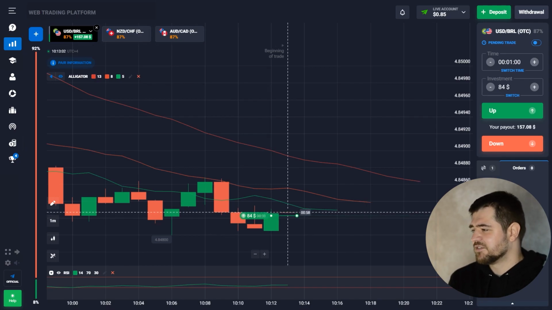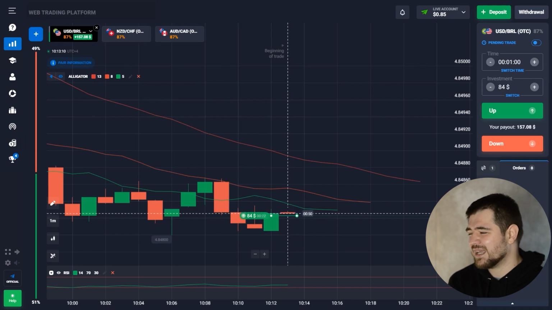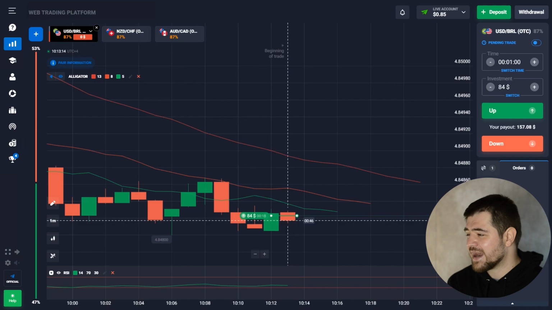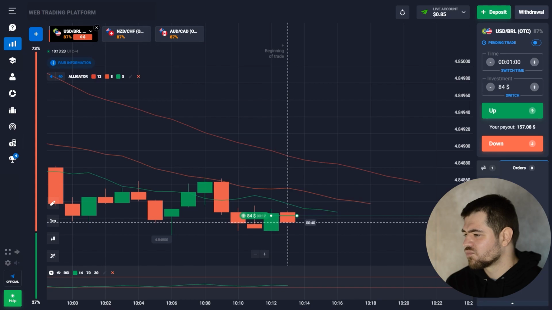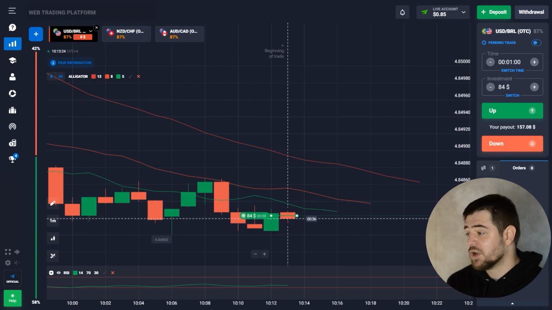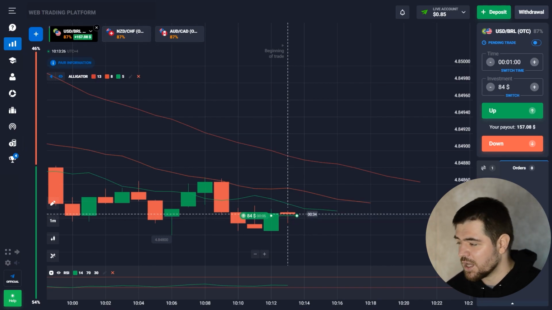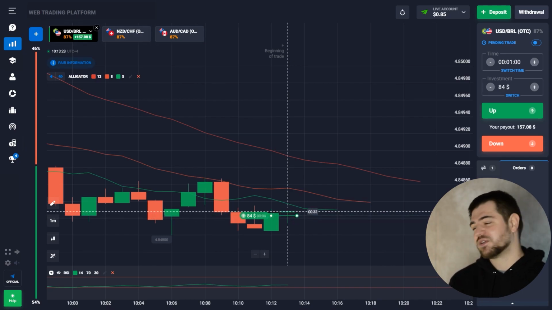That's what I interpreted. So this is like a pullback. We're in the pullback right now, and hopefully we are correct, because who knows? Maybe it's a wrong one, but let's wait for the result and we can continue.